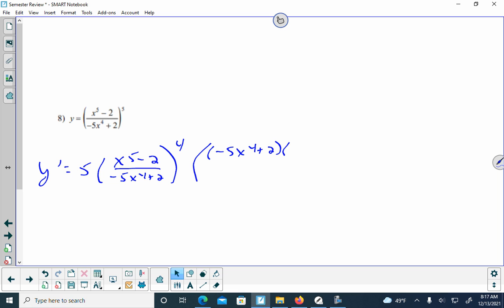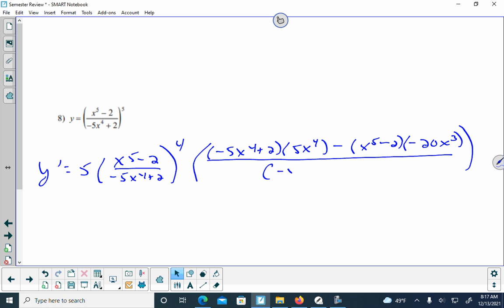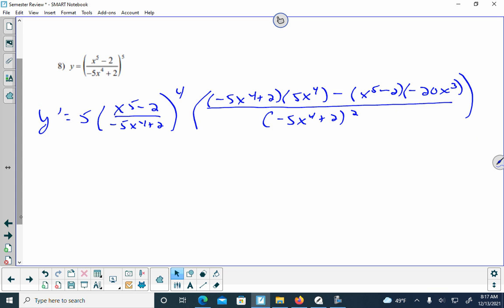Take the derivative of the numerator, which will be 5x to the 4th, minus, leave the numerator alone, and take the derivative of the denominator, which will be negative 20x to the 3rd. And then this is all over my denominator squared.